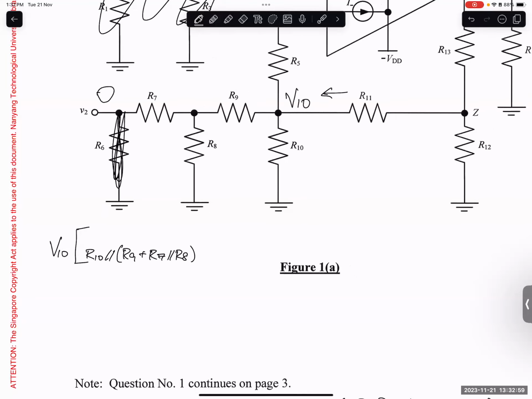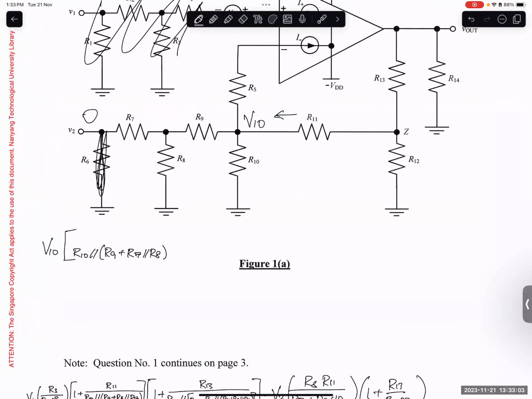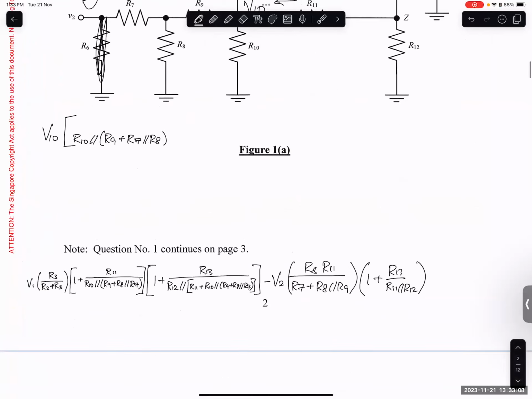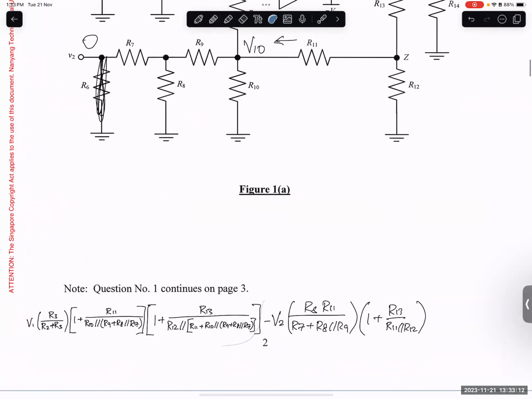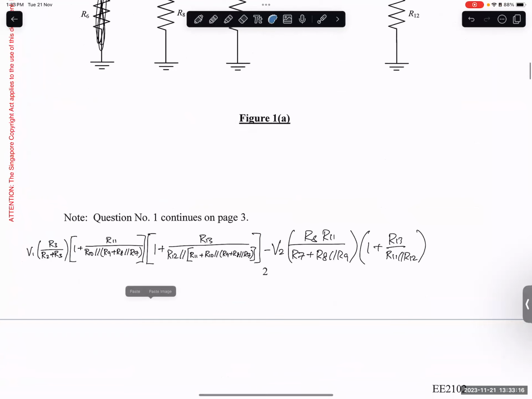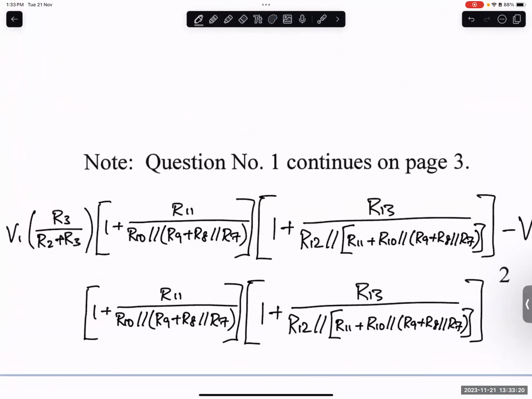And actually, this is the same expression as before lah. So we just use this expression for VIO.